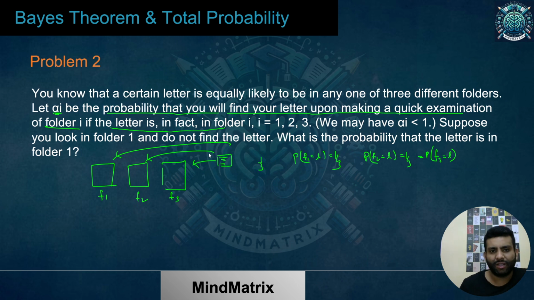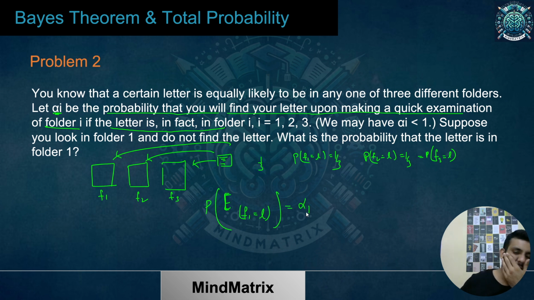It means that if F1 has the L, then upon examination, the probability of finding the letter is alpha 1.